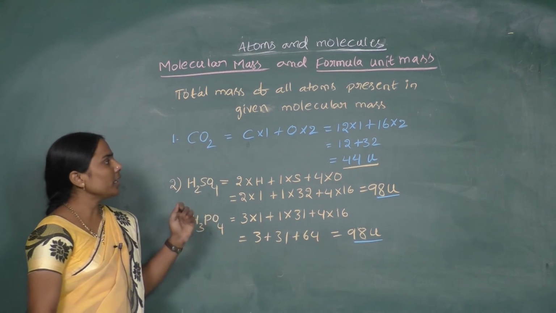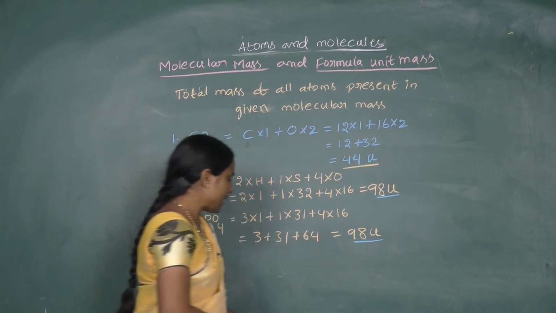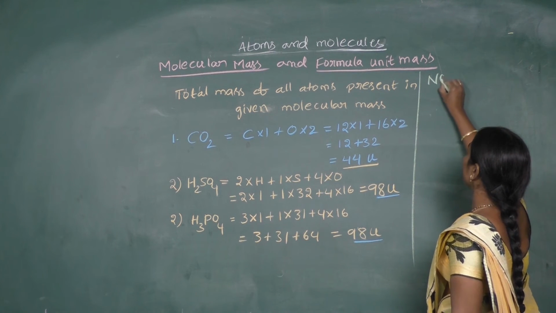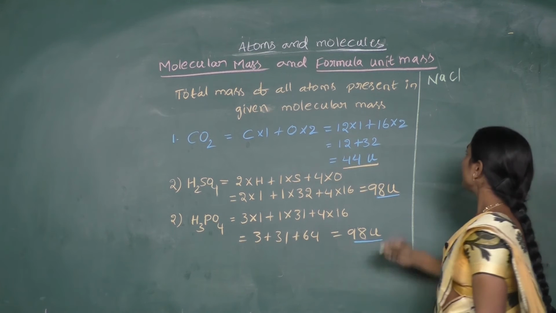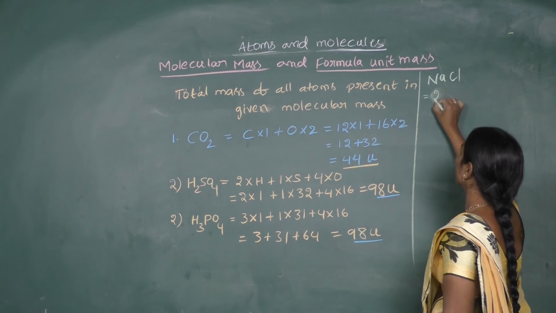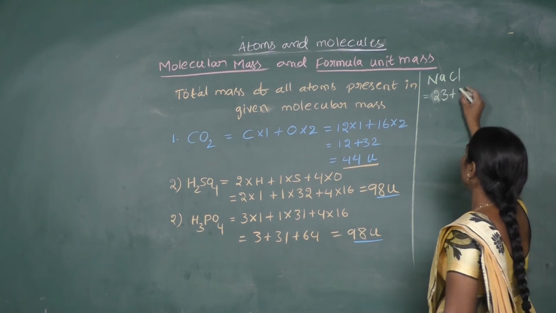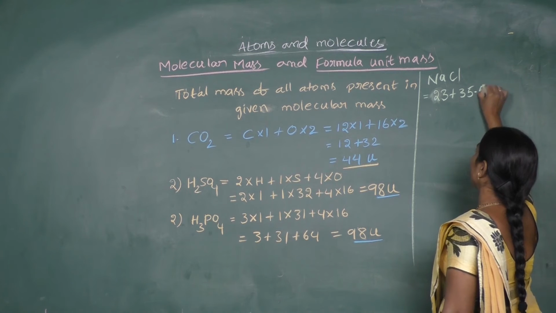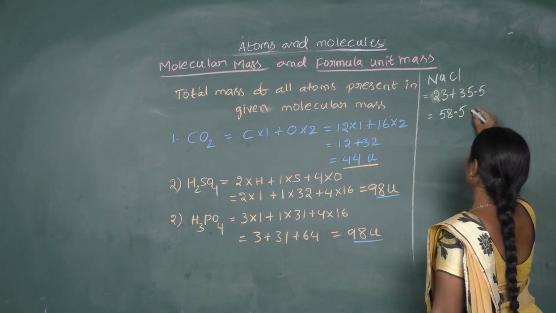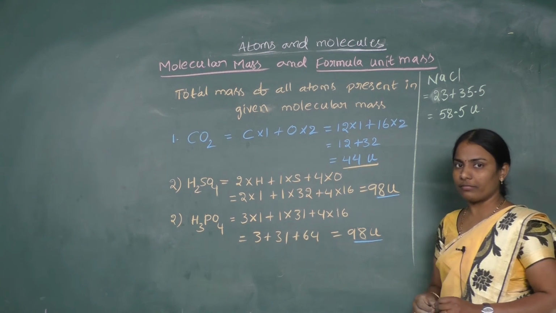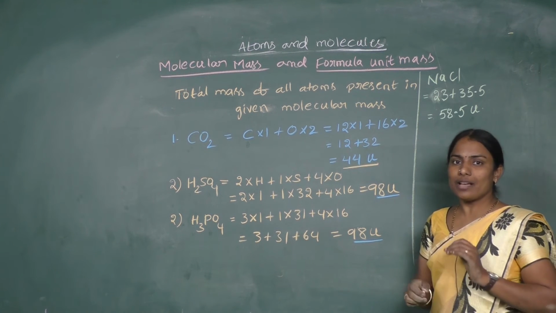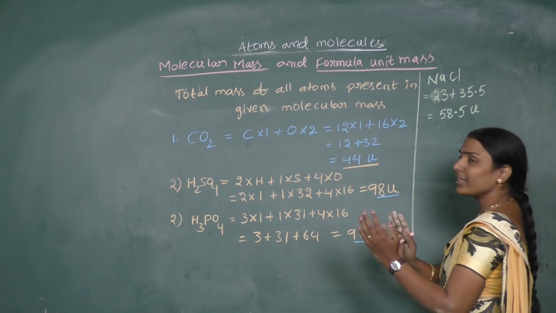But when we are representing ionic compounds, let's take a few examples. I'm taking NaCl. In NaCl, the atomic weight of sodium is 23 and of chlorine is 35.5, and we can write the total weight of one molecule as 58.5 u. But the problem is that in ionic compounds, it is highly rare to have discrete molecules.